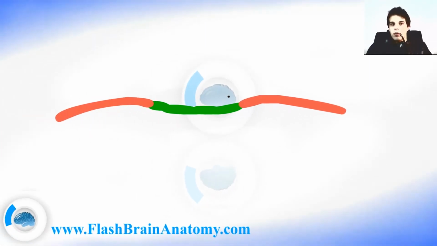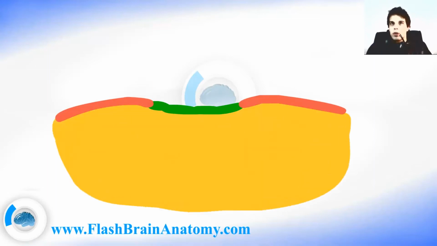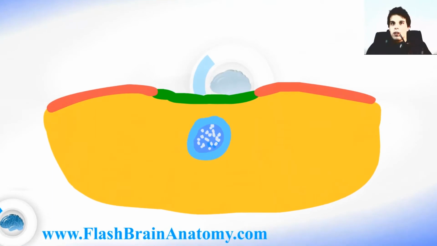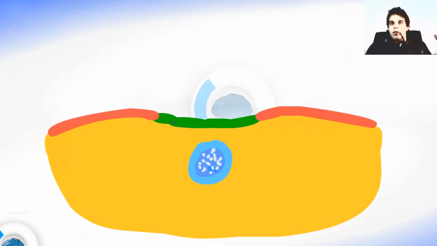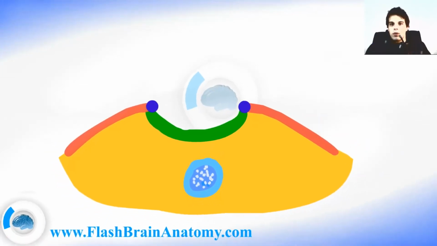It is the sign of the creation of the most complicated system in our body, the nervous system. The notochord is what induces this process. It is over here, colored in blue. And this thickened ectoderm over here is called the neural plate. The notochord induces this flat neural plate to fold into a cylindrical neural tube.